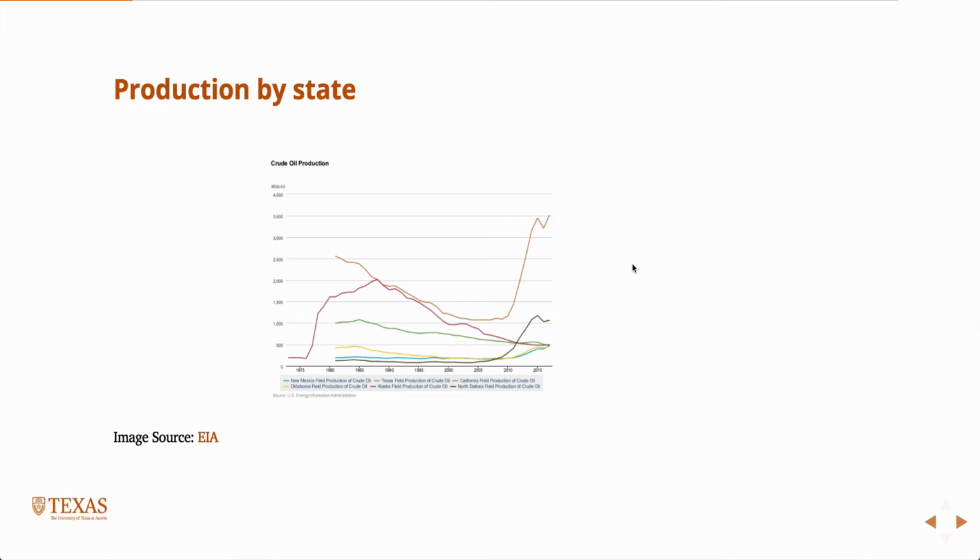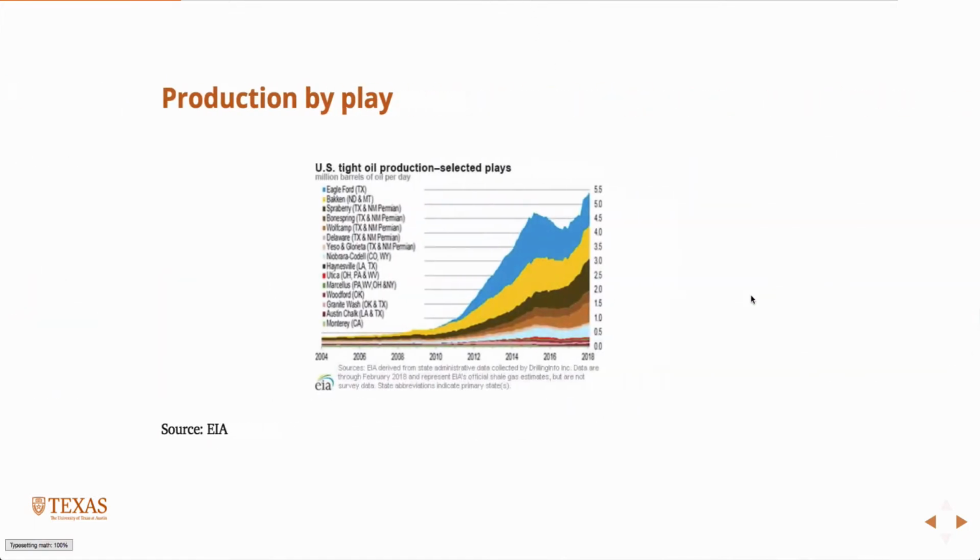Alaska, California, and North Dakota also had a big increase recently. But basically, if you take all of the other five leading oil-producing states and add them together, they don't get to Texas. So you picked the right place to go to school for this field.